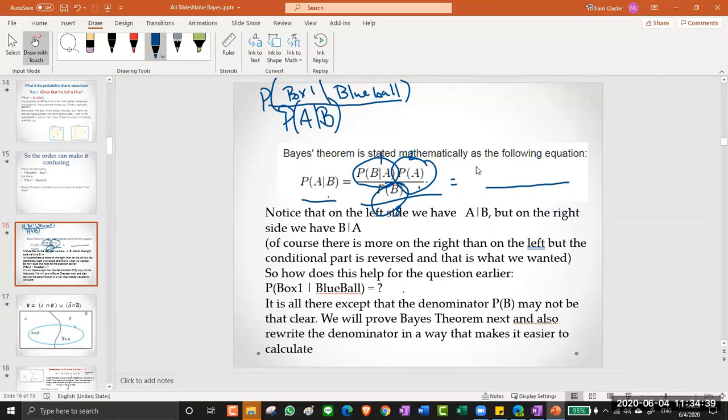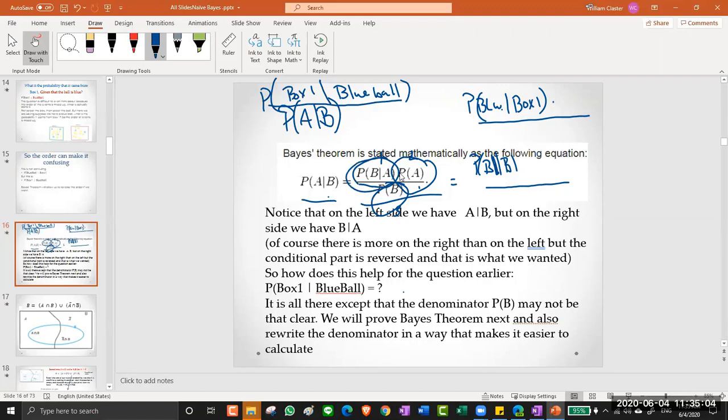Probability of blue ball given box 1. Right. That's really bad, they're both B-L. Let me write it up here. Probability of blue given box 1. Okay, that's good. We got that. That was the hardest part.